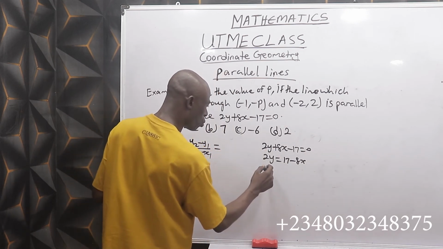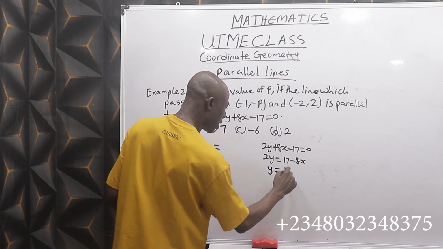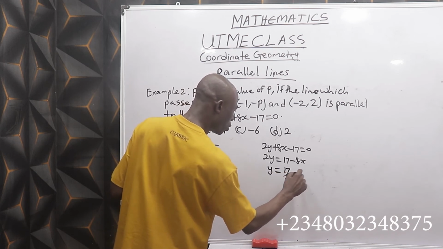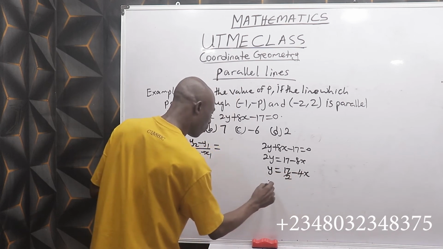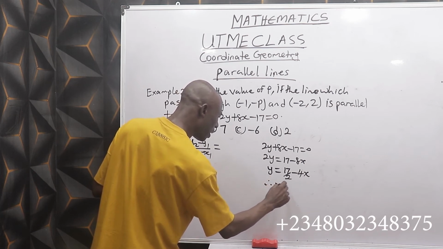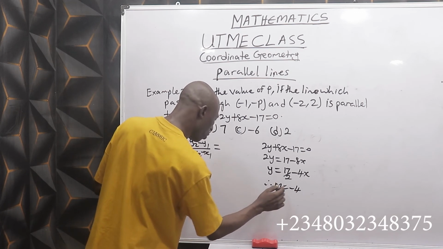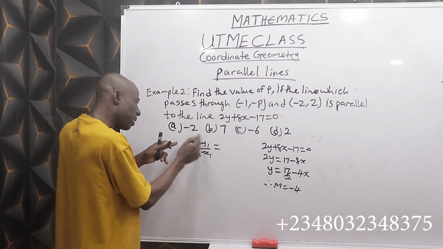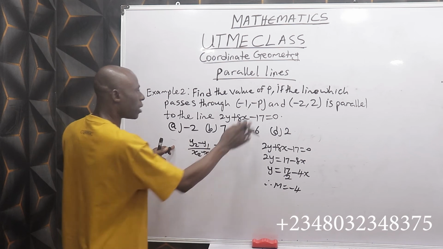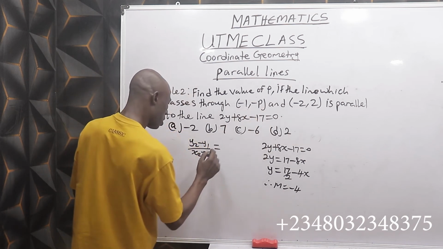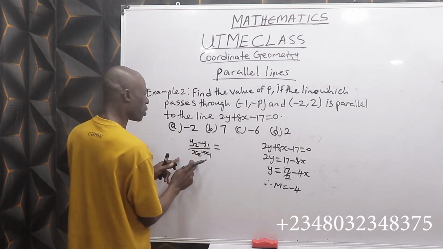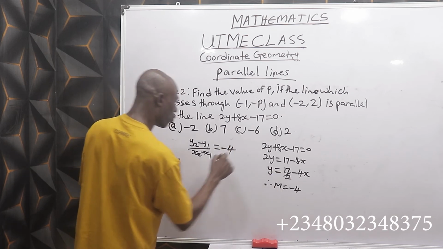Dividing both sides by 2, we have y equals 17 over 2 minus 4x. Therefore, the gradient here is minus 4. And that gradient must be equal to the gradient of these 2 points. So I equate the gradient of these 2 points to minus 4.